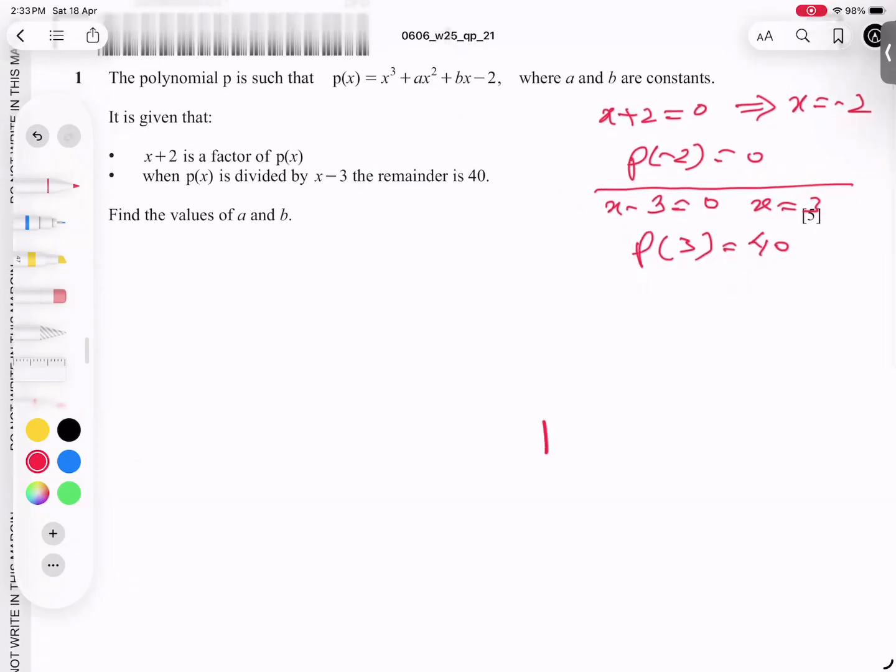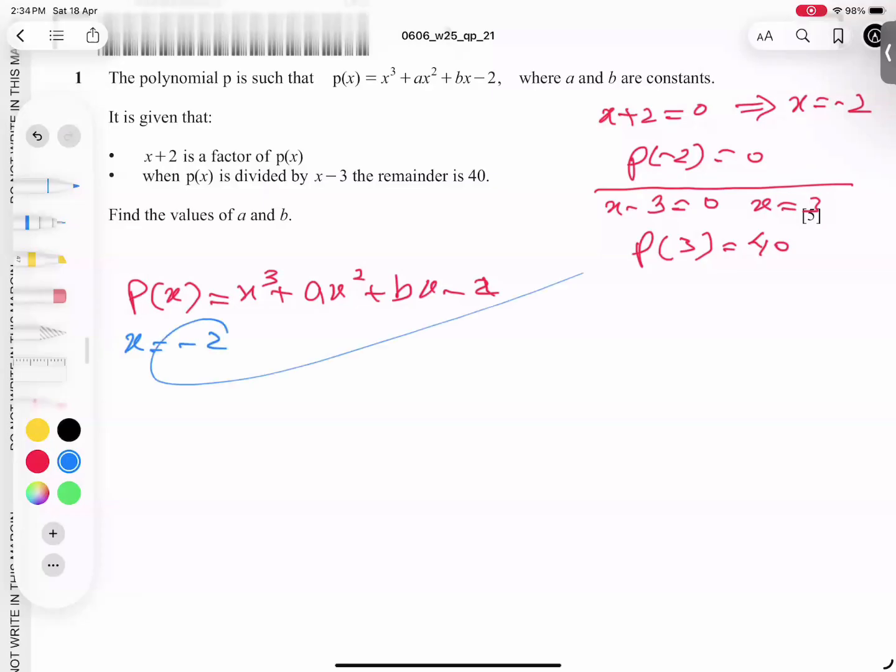So get ready. First of all, I'm writing the function. Now I'm replacing every x by -2. When I replace every x by -2, here I get -8, here I get 4a, here I get -2b and -2.